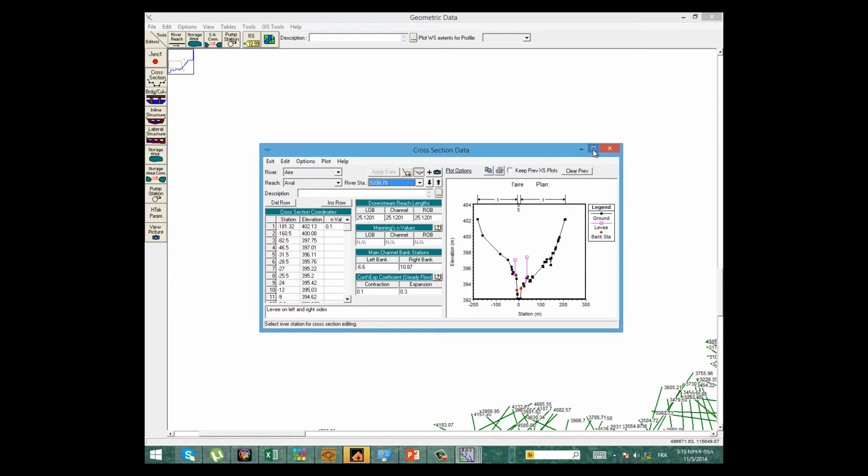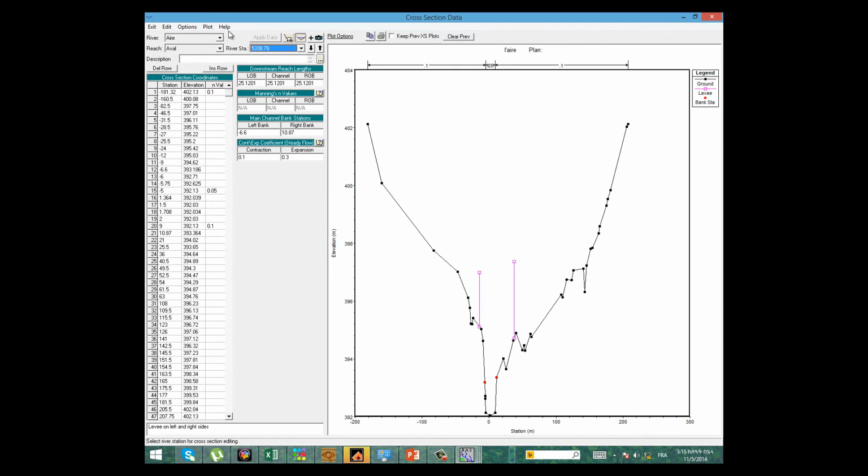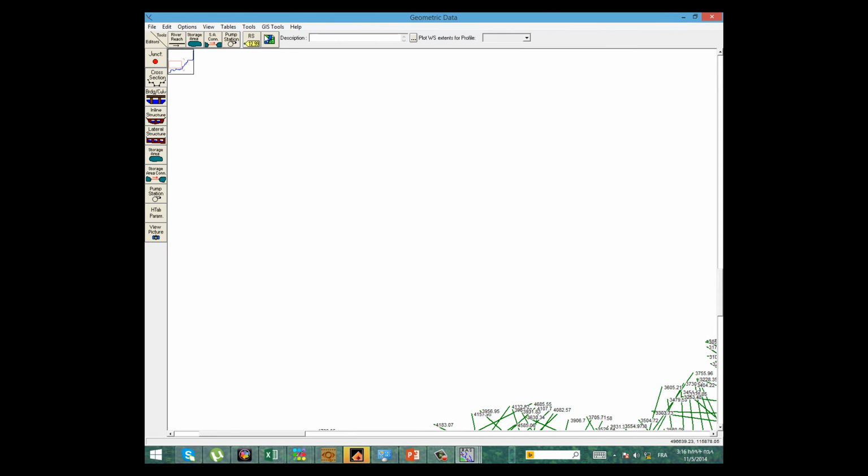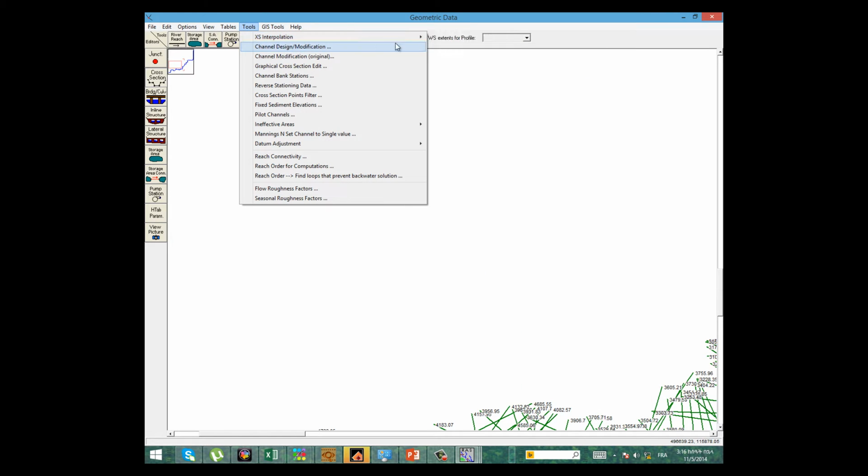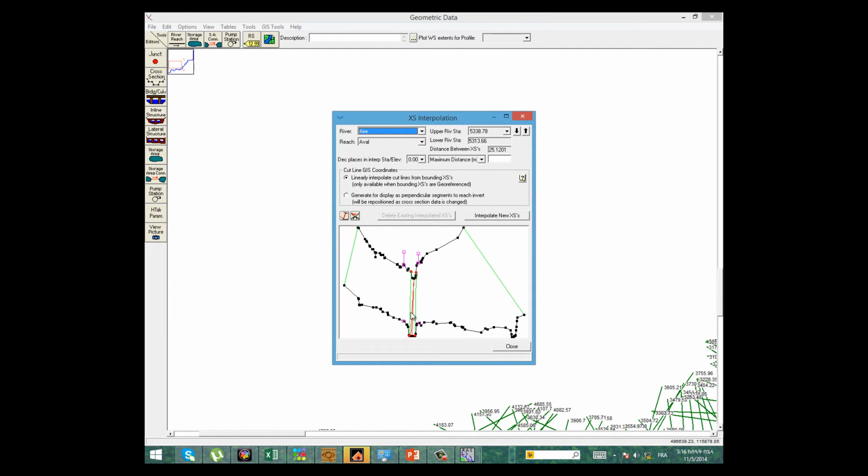It is easy to interpolate between 2 points. For example, between this station and the next station, 5313.66, their distance is 25. If you want a 10 meter distance cross section, then we can put 10 and just interpolate.